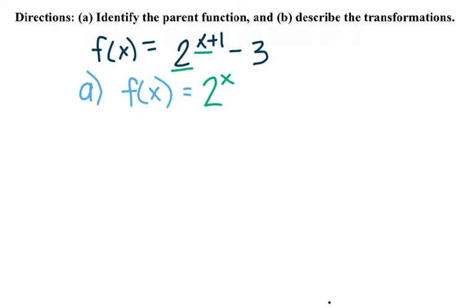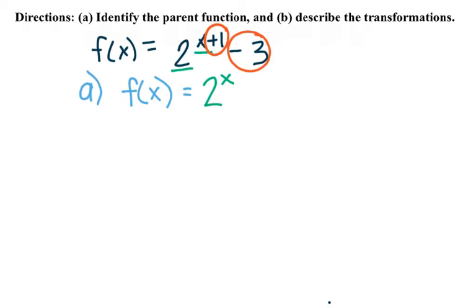Alright, so this would be my parent function. Alright, so part B, I'm going to describe the transformations. So the transformations occur where extra stuff has been added to the parent function. So the +1 in the exponent has done something, and the -3 at the very end has done something, and now we just need to figure out what did it actually do.